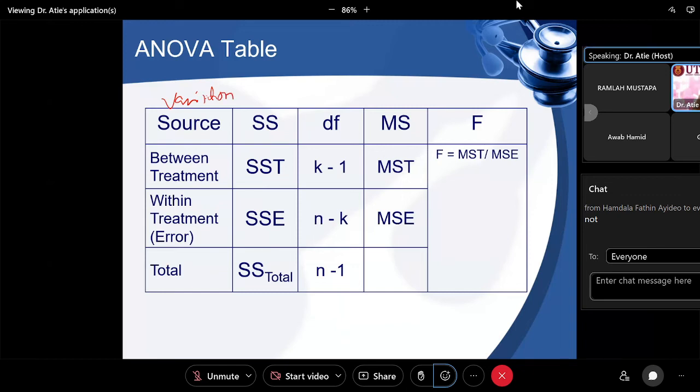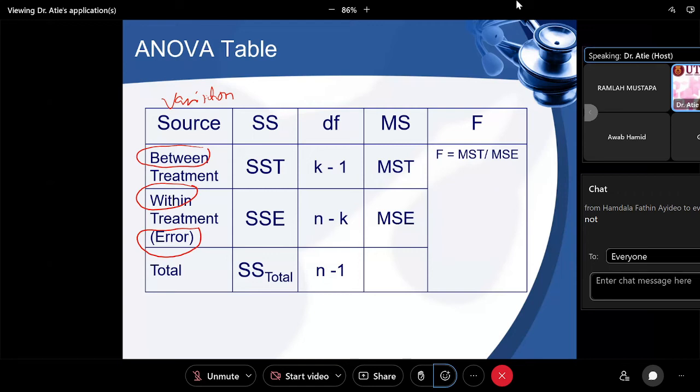So there are two variances in ANOVA. The first one is between the treatments. Remember we use treatment for group, but usually in statistics they call it treatment. Treatment means group. Between treatment and then within the treatment. Here, they call it error within the treatment. Why is it error?